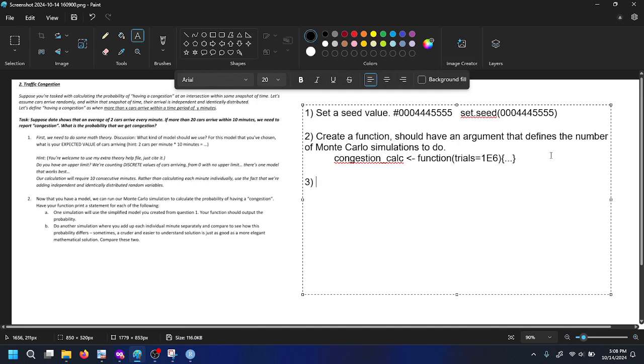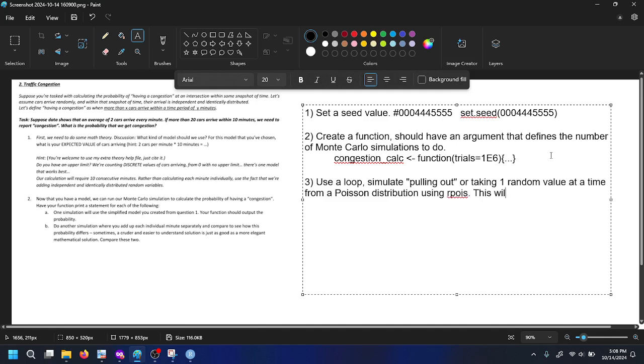The next step, and what I would recommend, is to use a loop, whatever loop you'd like, to simulate taking one random value at a time from a Poisson distribution using rpois, like we just learned earlier.